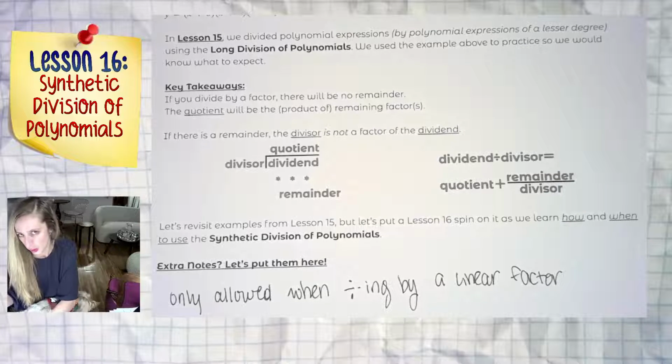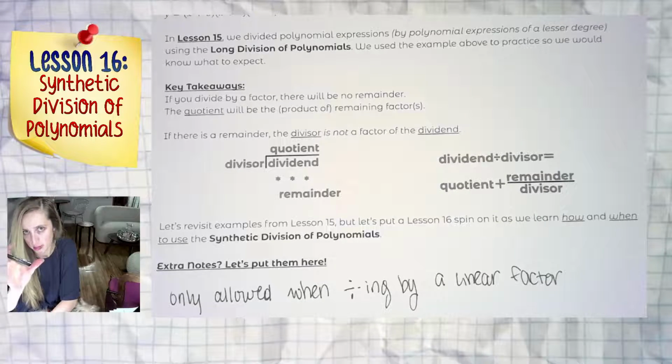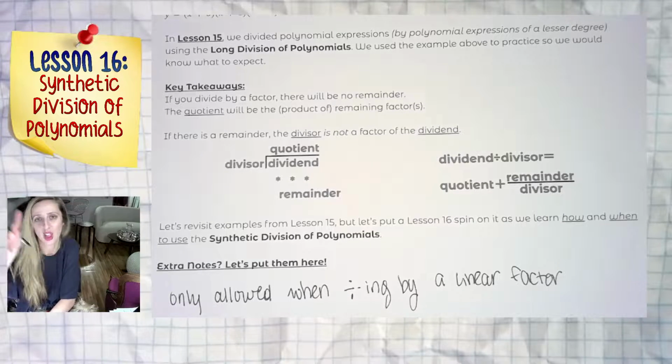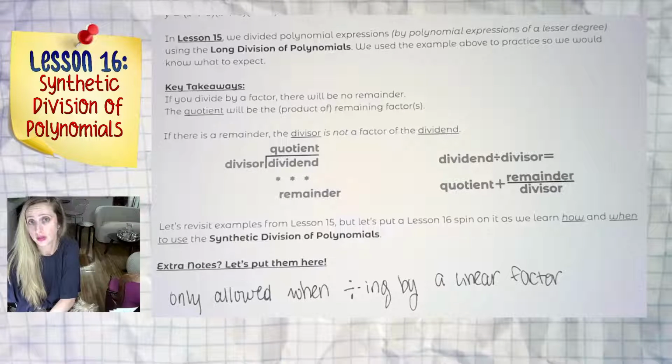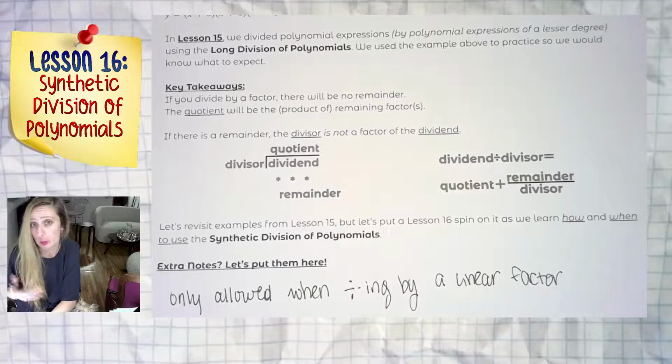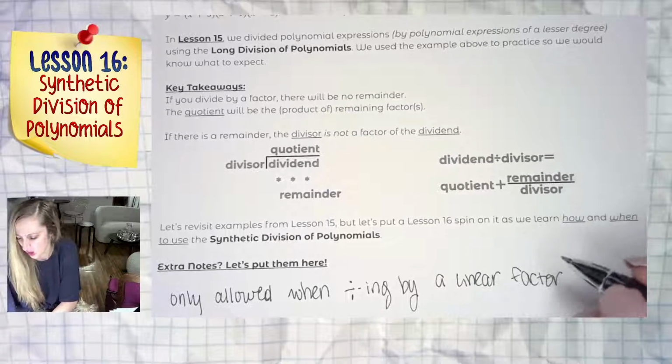But I'm using the word factor as describing what we are dividing by. It is a polynomial factor, just not necessarily a factor of the thing we're dividing into, the other polynomial, the dividend. It's like someone could be someone's mom. They're not necessarily your mom, right? So sort of like that.